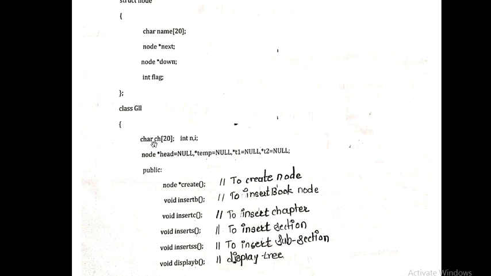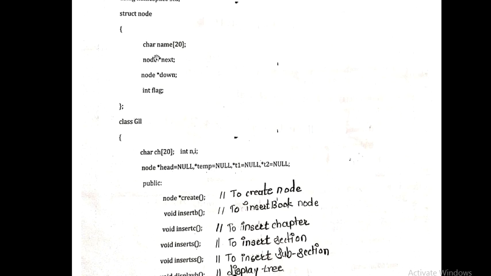The character we have taken, one ch, as an array of size 20, which is of the type character. We have taken some variables n and i that are going to be required in the whole program. Then we have created one head node of the struct type node, and initially we are pointing it to null.